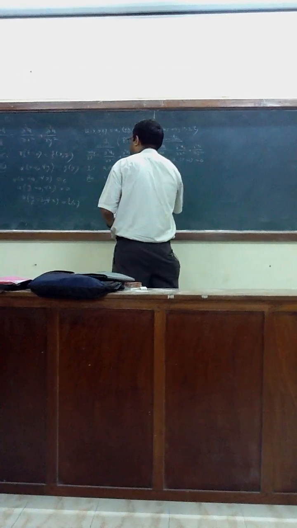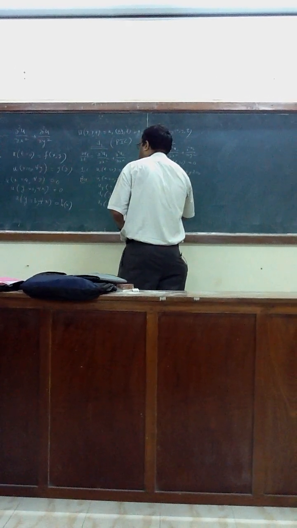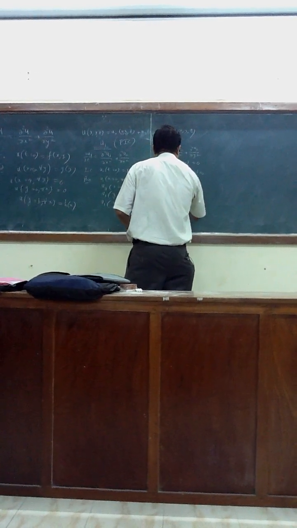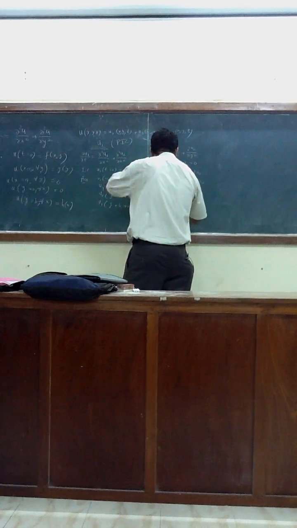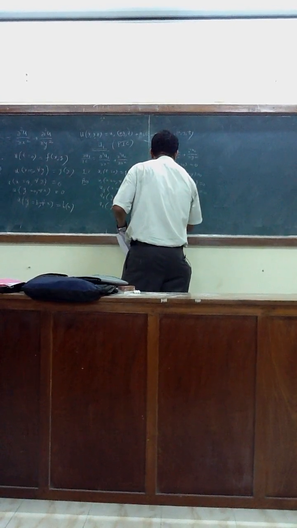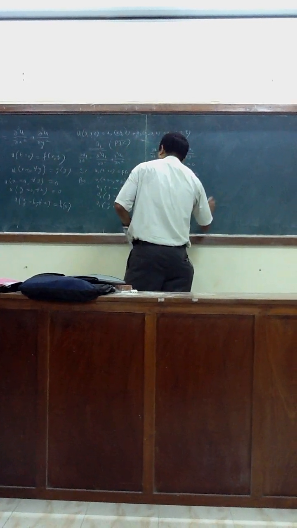Then u2 at x equals 0 for all y equals 0, u2 at x equals a for all y equals 0, u2_y equals 0 for all x equals 0, and u2_y equals b for all x equals h(x).